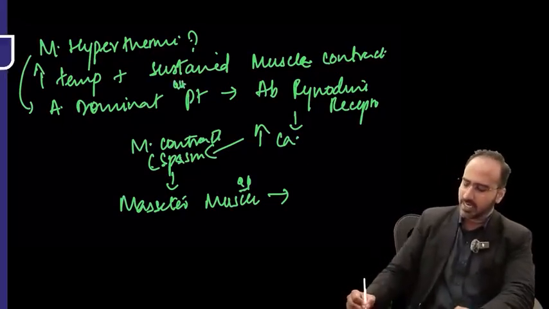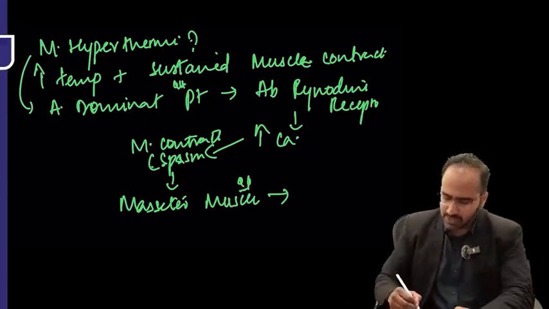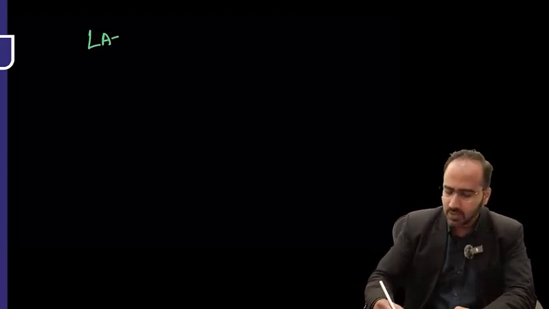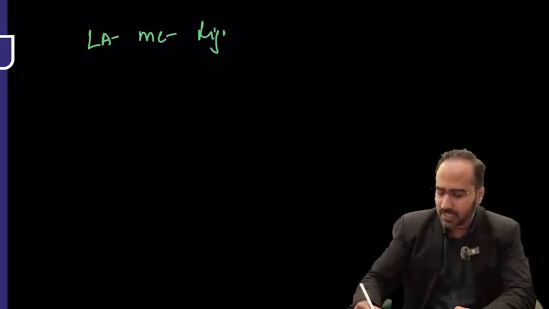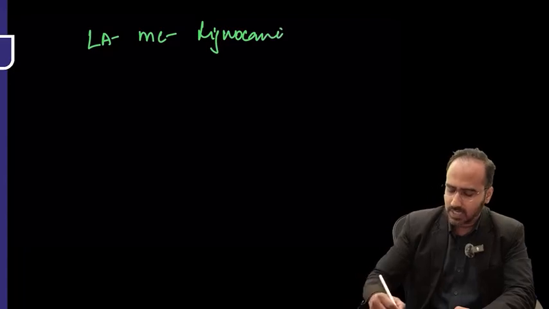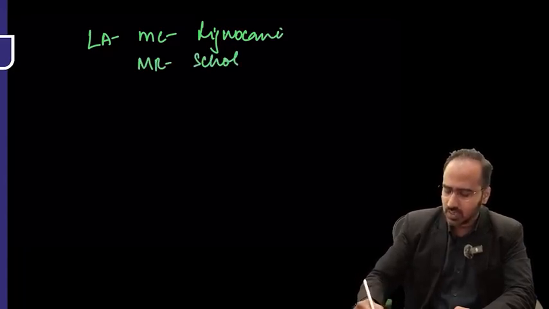So that's regarding malignant hyperthermia. My question to you is, is scoline the only thing causing malignant hyperthermia? No. In anesthesia, there are many things that can cause it. In local anesthetics, the most common one causing malignant hyperthermia is lignocaine. In muscle relaxants, it is scoline.